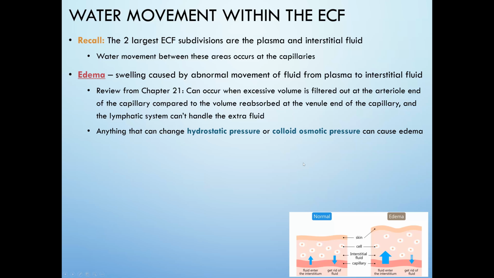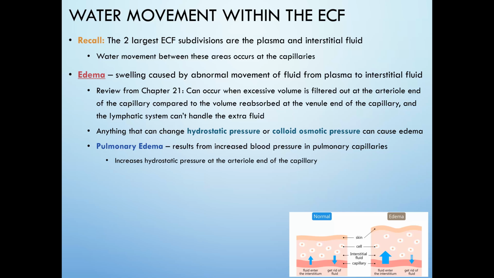So anything that can change hydrostatic pressure or the colloid osmotic pressure can cause edema. Again, if you forget what these terms mean or how they relate, go back and look at chapter 21 when we talked about capillary exchange. Pulmonary edema results from increased blood pressure in the pulmonary capillaries.